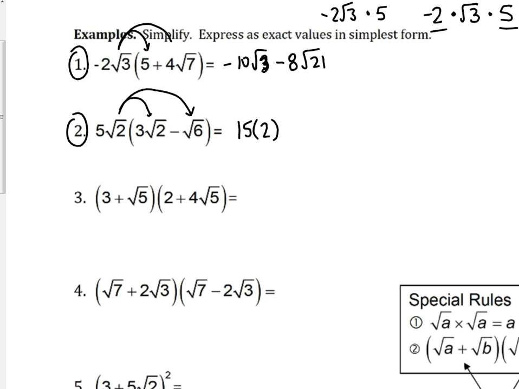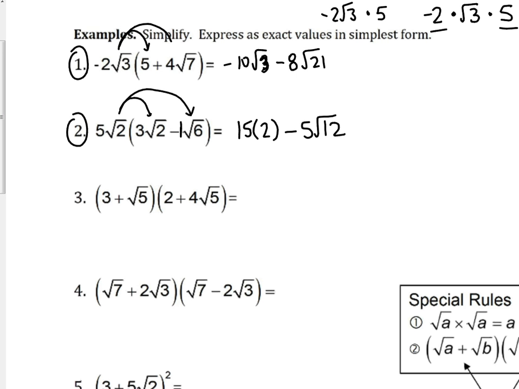Okay. And then 5 root 2 times negative root 6, this is the same thing. If you have to, write the coefficient of 1 in. So when you multiply your coefficients of 5 times negative 1, we get negative 5. Root 2 times root 6 is root 12.